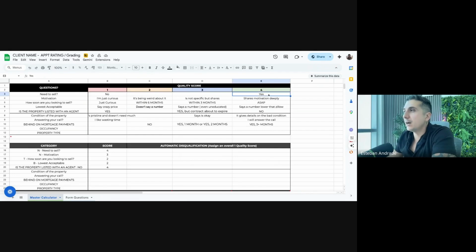Then you got yes, of course, that's a number 4. Motivation. Well, there's a few ways to actually go about it. If they do share their motivation deeply, which is normally what we ask people to do, which is, give me the real reason why you actually want to sell, and it's a bunch of options, then they're going to score a 4.